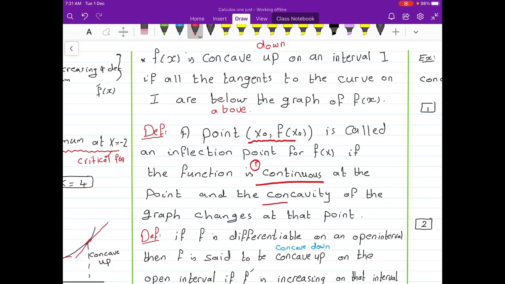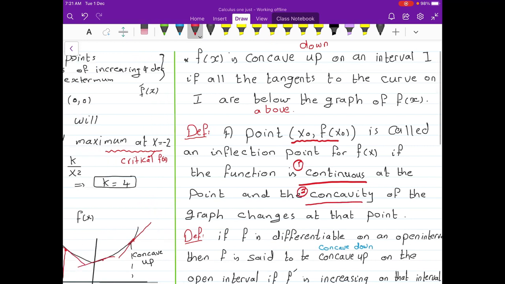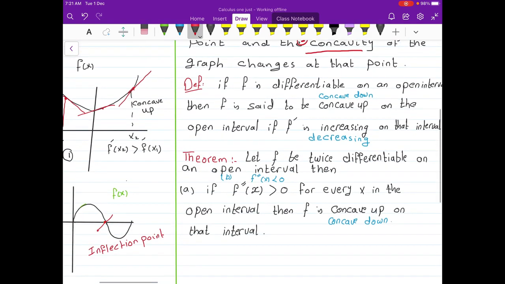Maybe the function changes its concavity from down to up, and maybe this function, as we draw, has two inflection points. So this is up, this is another inflection point, down.